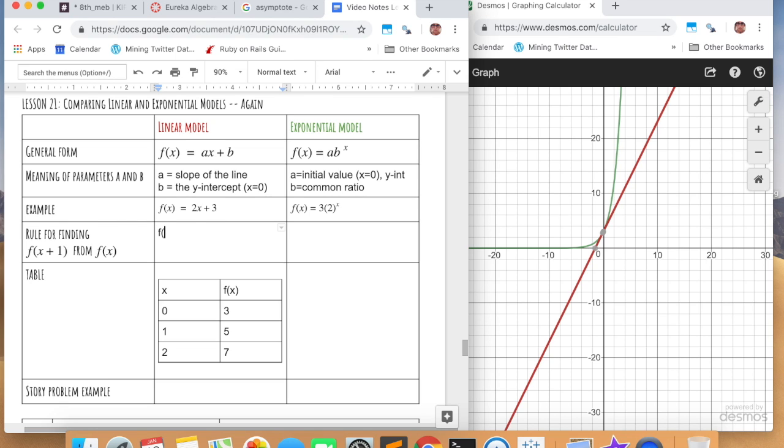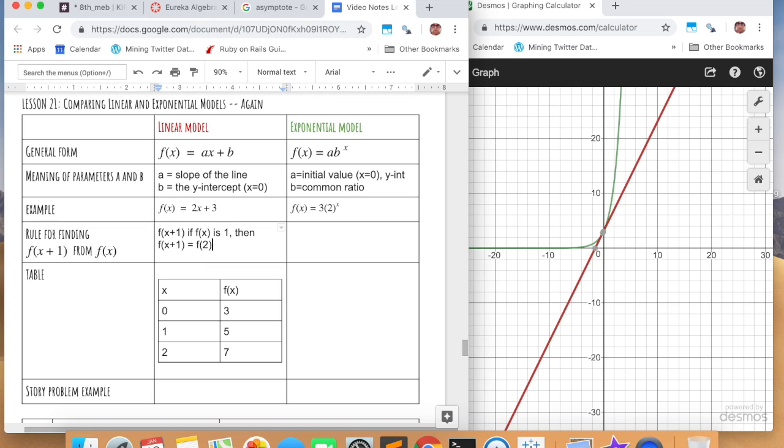Now, what if I needed to find f of x plus 1? Well, what exactly does that mean? That means that I'm adding 1 to the value of x. So if the value of x, let's say, is 1, then what I'm doing is adding 1 to 1. So if x is 1, then my new value of x plus 1 would be 2.